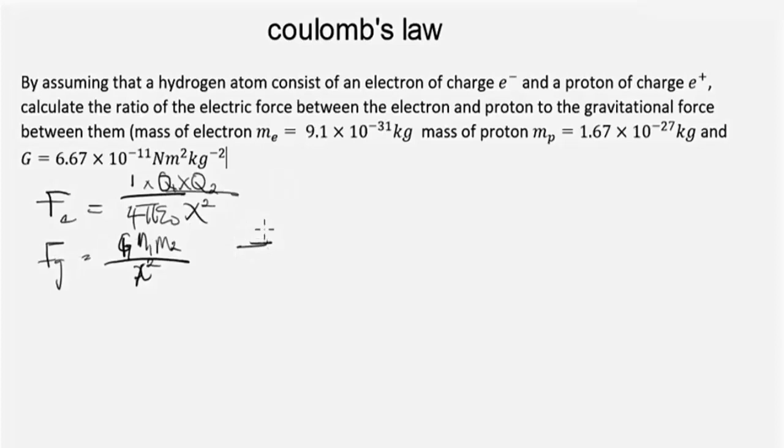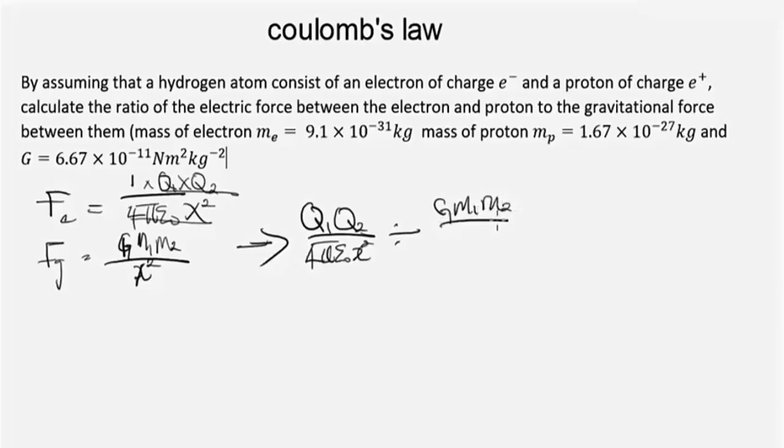Now having this, we'll take the ratio. We have Q1 Q2 over 4 pi epsilon naught x squared, and since we want to find the ratio, this will be divided by G m1 m2 over x squared.